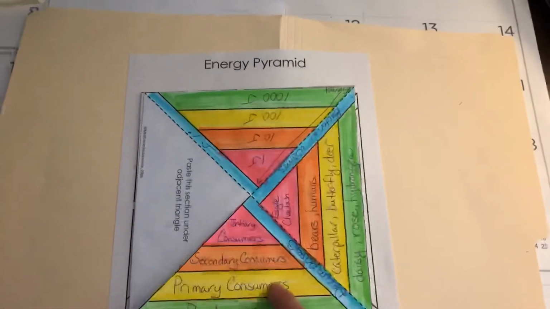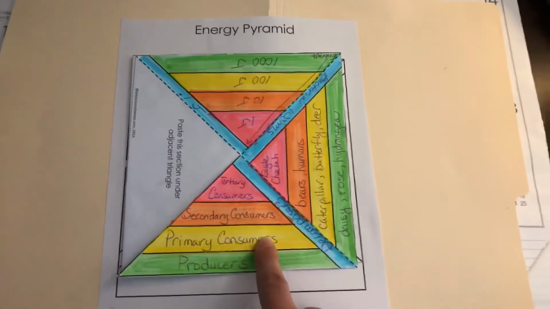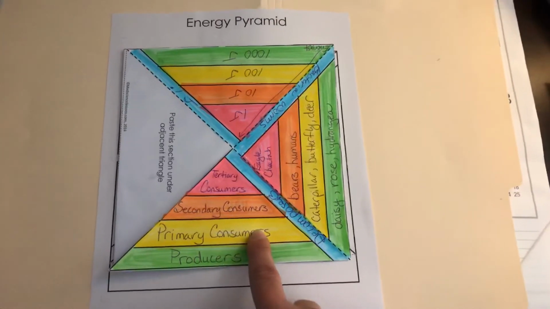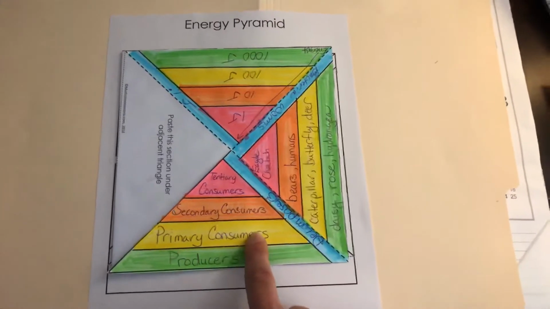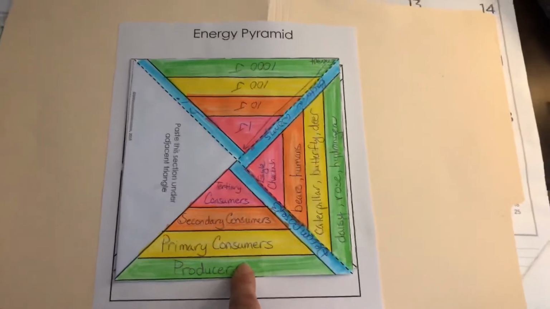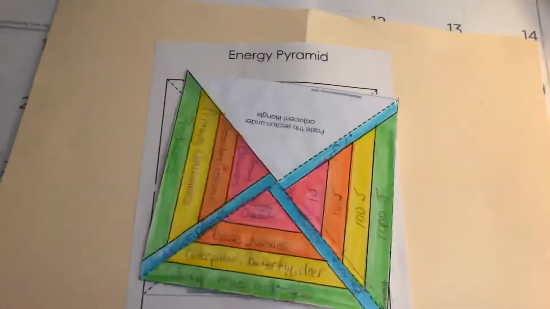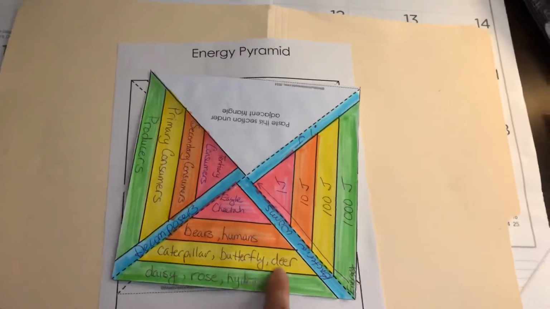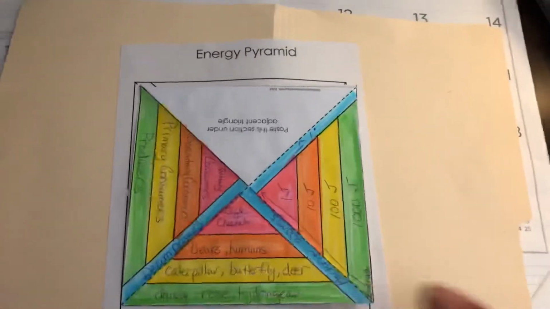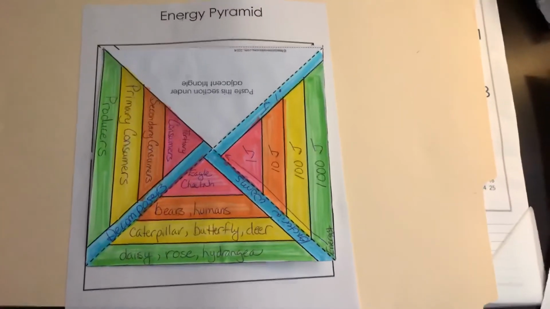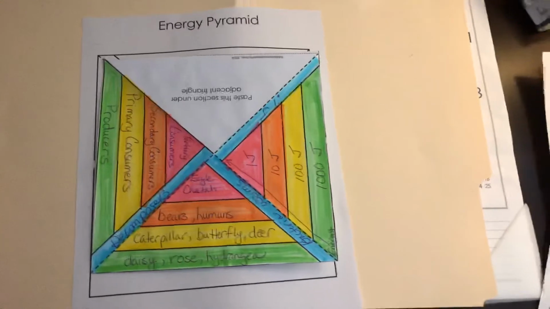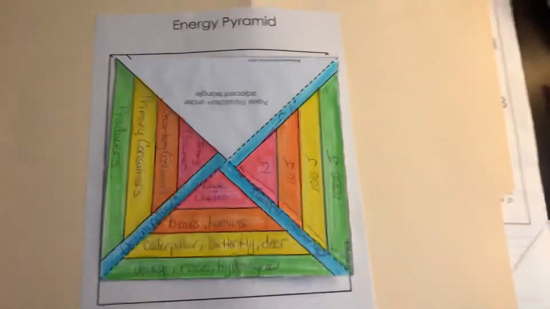So keep going around, and the next level up is going to be primary consumers. What are primary consumers? They're the things that eat producers. All right, so they're things like caterpillars, butterflies, deer. We might have called them on our other paper another name for them, herbivores. So they only eat plants. They don't eat any other animals.